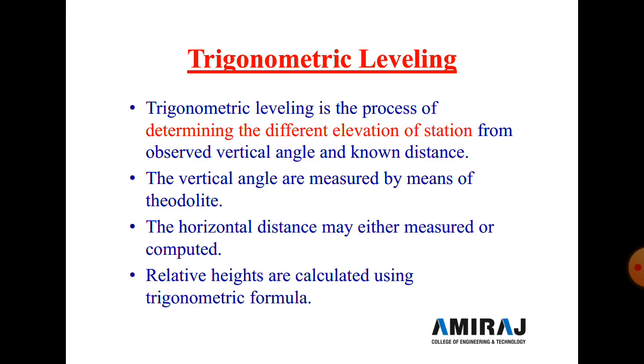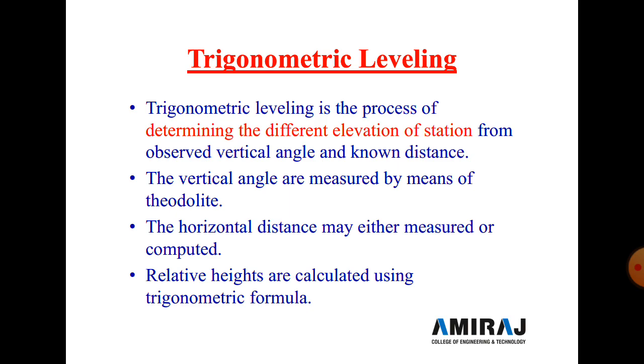The main three formulas are sin theta, cos theta and tan theta. By using one angle and one distance, we find out another distance. So these are the trigonometric formulas.